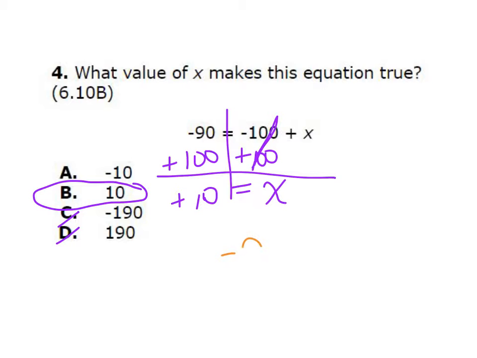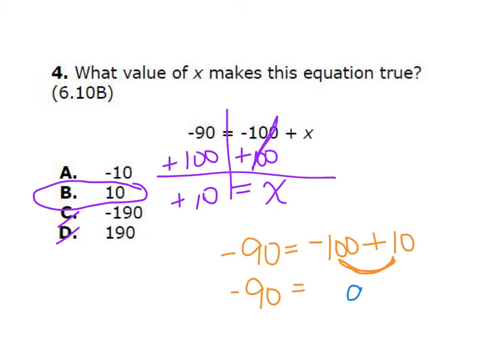So you have negative 90 is equal to negative 100 plus 10. So negative 90 stays the same. What we're going to do is see if this equals negative 90. Remember, with the integer rules, you have a negative and a positive, which means you're going to subtract. So 100 minus 10 is 90.